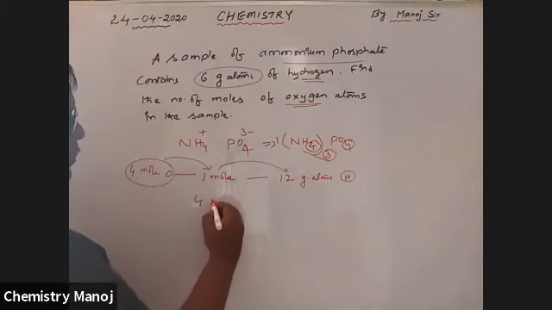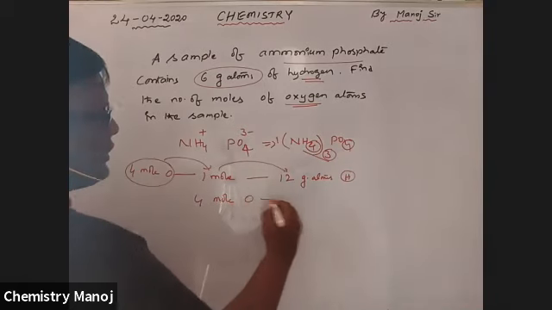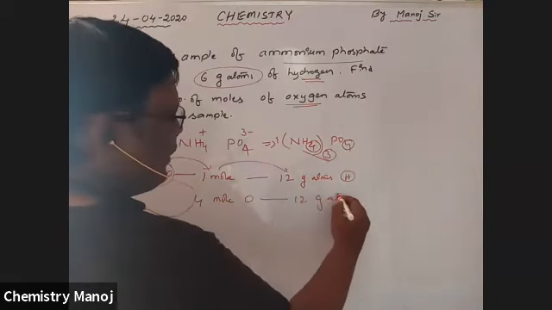Mole or gram atom, both are the same. So 4 moles of oxygen go with 12 gram atoms of hydrogen.